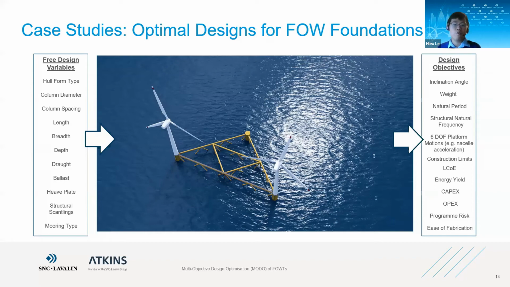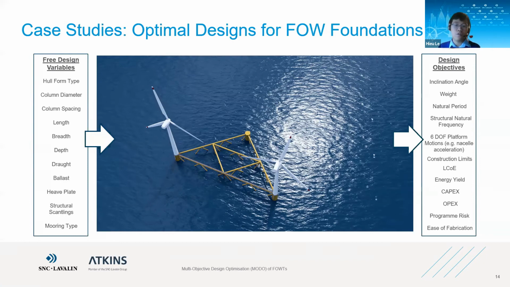You want the platform to be relatively stable with the smallest possible inclination, but that means it has to be quite heavy. And if you're the owner, you want the weight to be minimum because it's proportional to cost. So that's already a contrary in objectives.